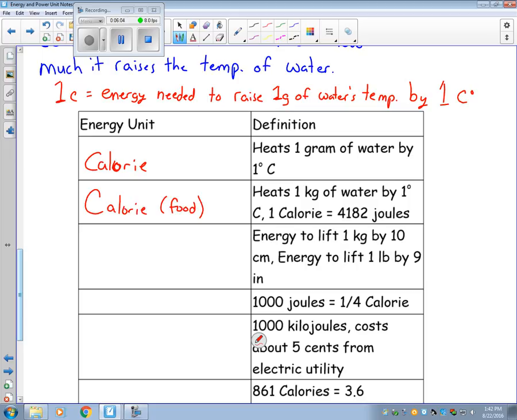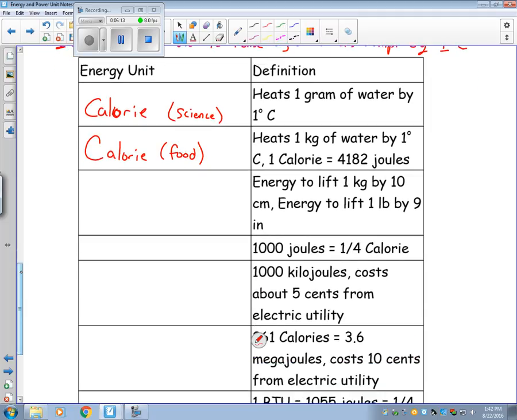The food calorie heats 1 kilogram by 1 degree Celsius. And 1 food calorie is the same thing as 4,182 joules or 4,200 joules.